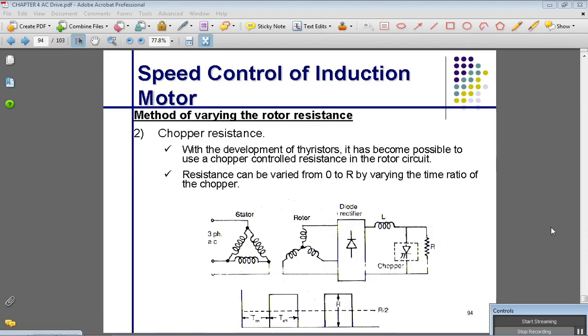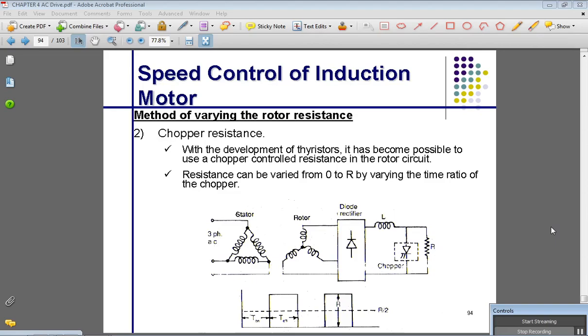The next approach is using chopper resistance. With the development of thyristor, it has become possible to use a chopper controlled resistance in the rotor circuit. The working principle of this approach is varying the duty cycle, which in turn varies the effective value of the resistance.